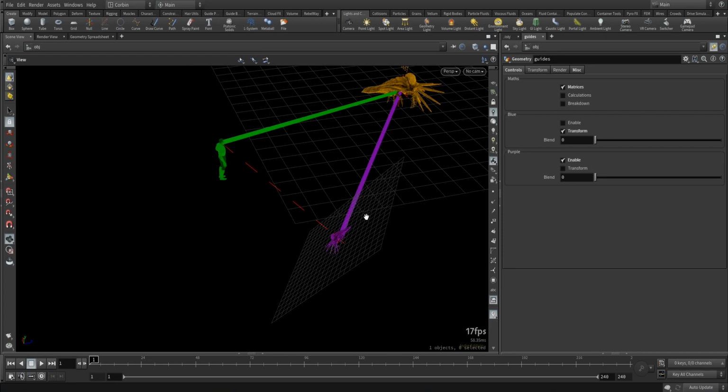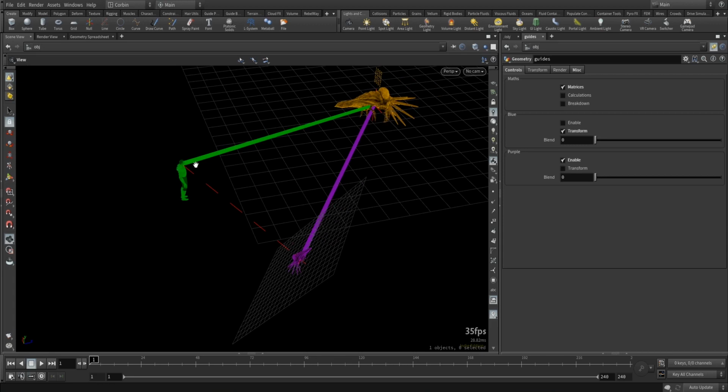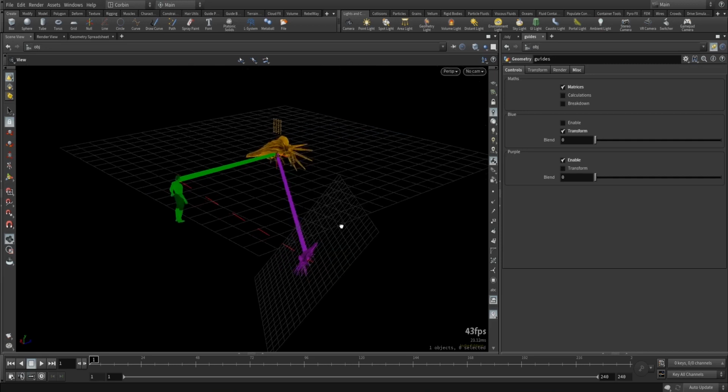How do we do subtraction? We divide, because it's matrices. And how do we divide? We multiply, but invert the second one. And remember, we said it was green minus purple, so it's green divided by purple, which means it's green multiplied by inverted purple. So that's the maths that's happening.